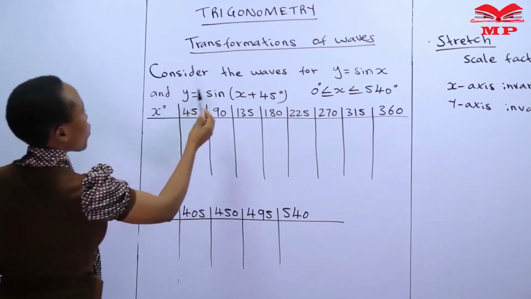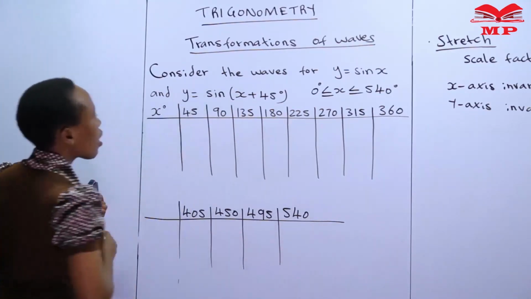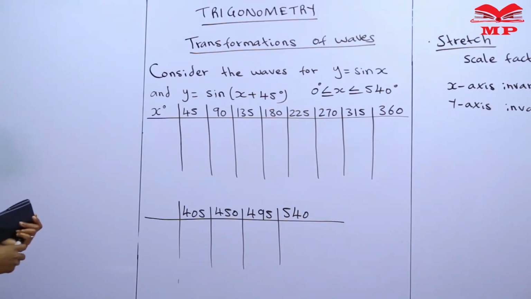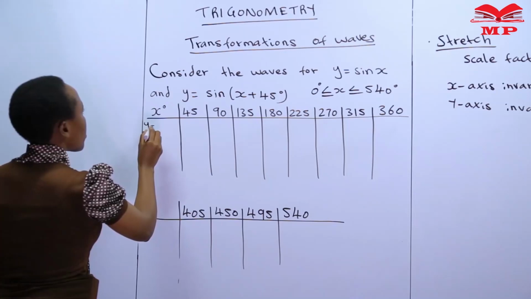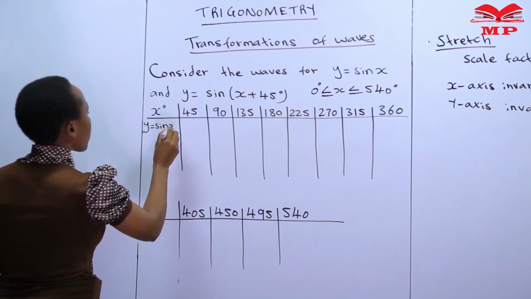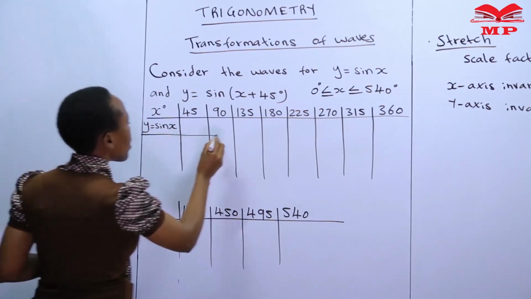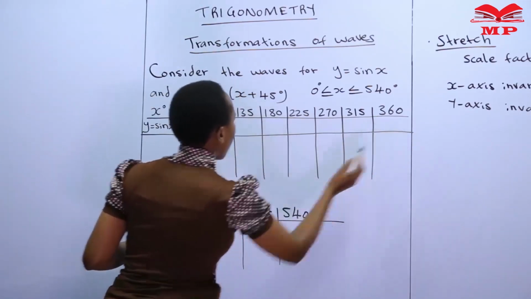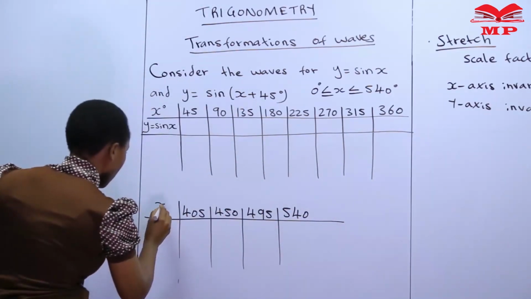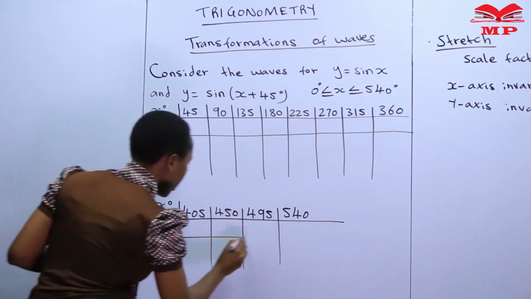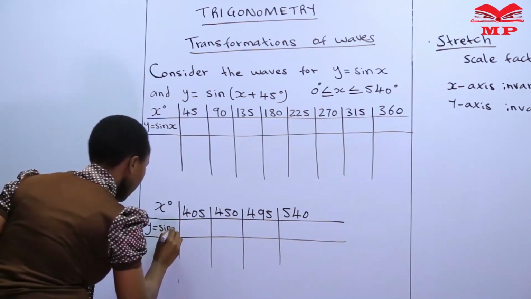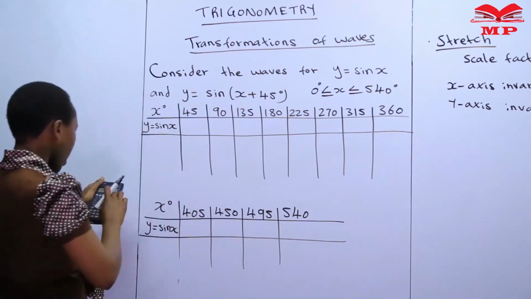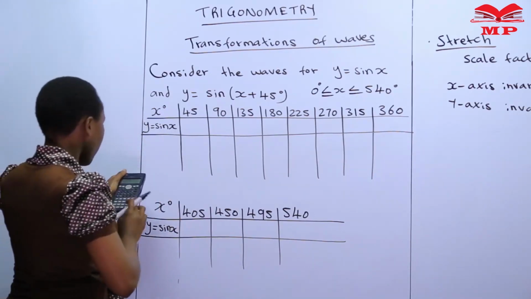So in this case, because we are plotting the two waves on the same axis, we can have this one whereby y is equal to sine x. So we first find this, y is equal to sine x. So this is our x. We get y is equal to sine x. So in this we have sine 45.